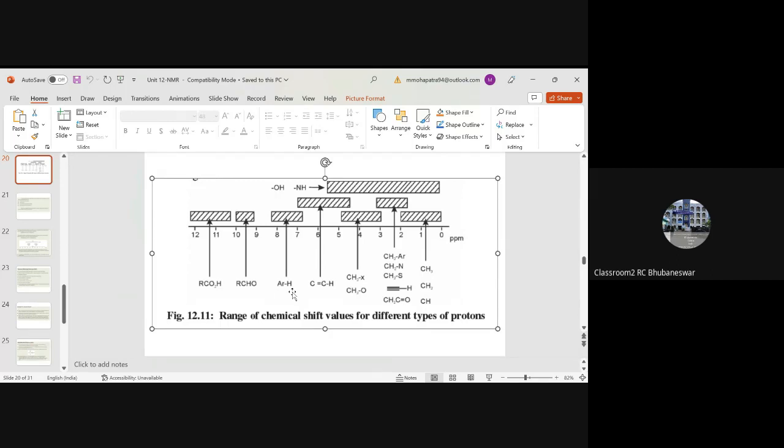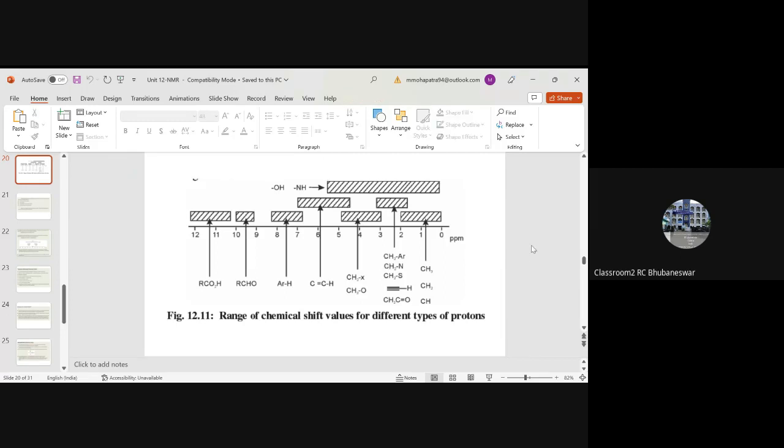This will come to your mind when you know what should be the region for the aldehyde unit and for the acidic unit.